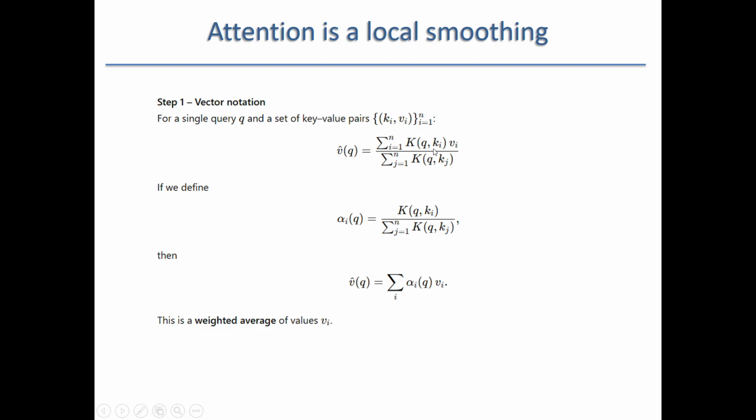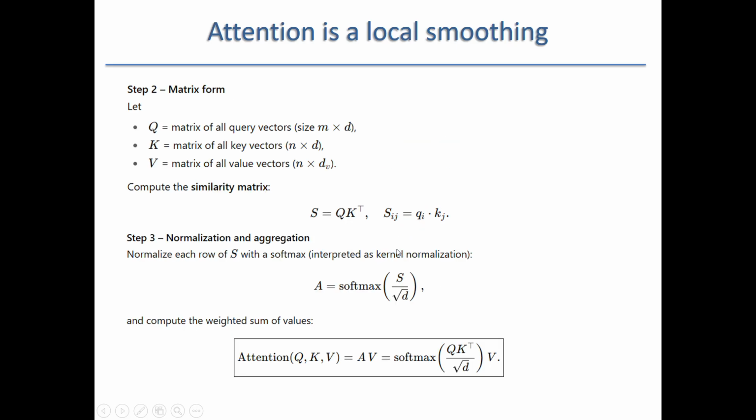If now we define this part as alpha, these alphas are the normalized attention scores that we defined before. So we have a query, then for each one of the values in the dictionary we have an attention score, and then we average according to all these attention scores.